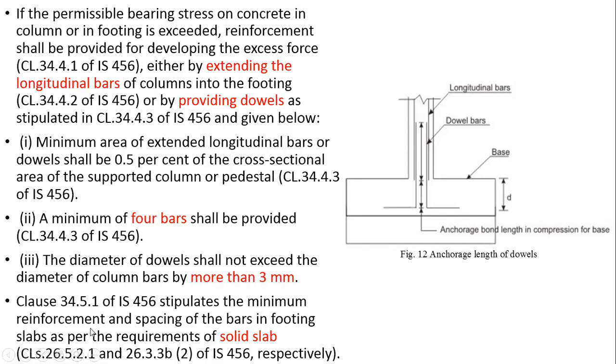So in case of footing, we have to provide the minimum area of steel as 0.12% of the cross-sectional area, with the same spacing of bars. Maximum spacing should not be more than 300 millimeters in any case in each direction. So whatever the requirement for the solid slab, we have to provide the same for the footing also. This is all about the theory of the footings.